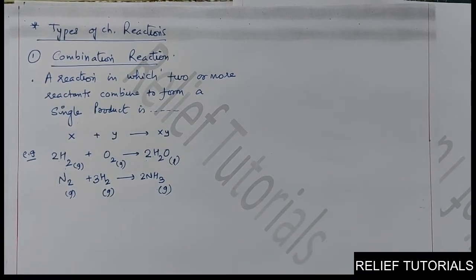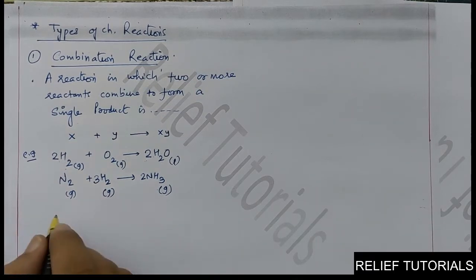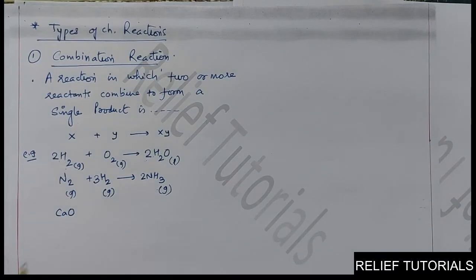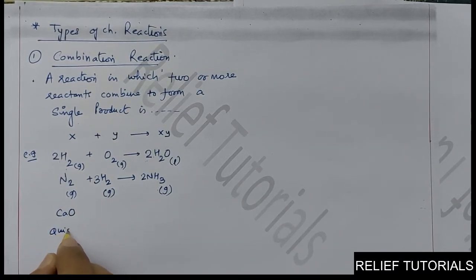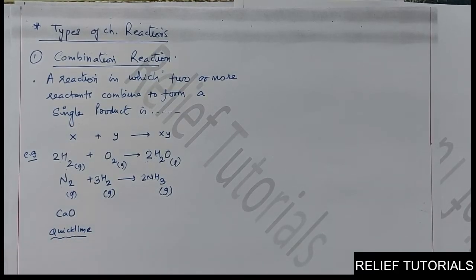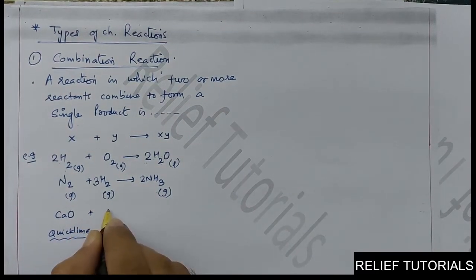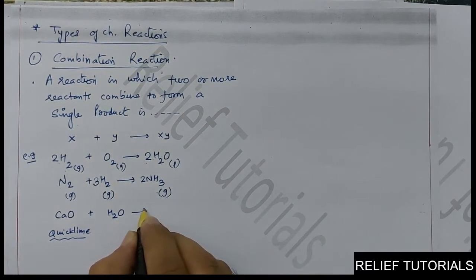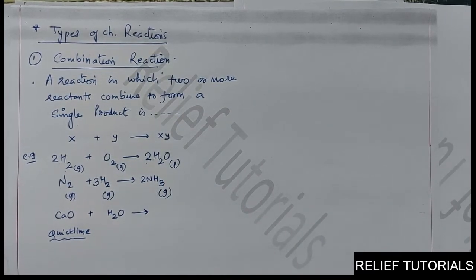Let us see one of the best examples from your textbook, calcium oxide. Calcium oxide is also called quicklime. The common name for calcium oxide is quicklime. In Gujarati we say chuno. When it is dissolved in water, it forms lime water, chunanu pani. So it is what?